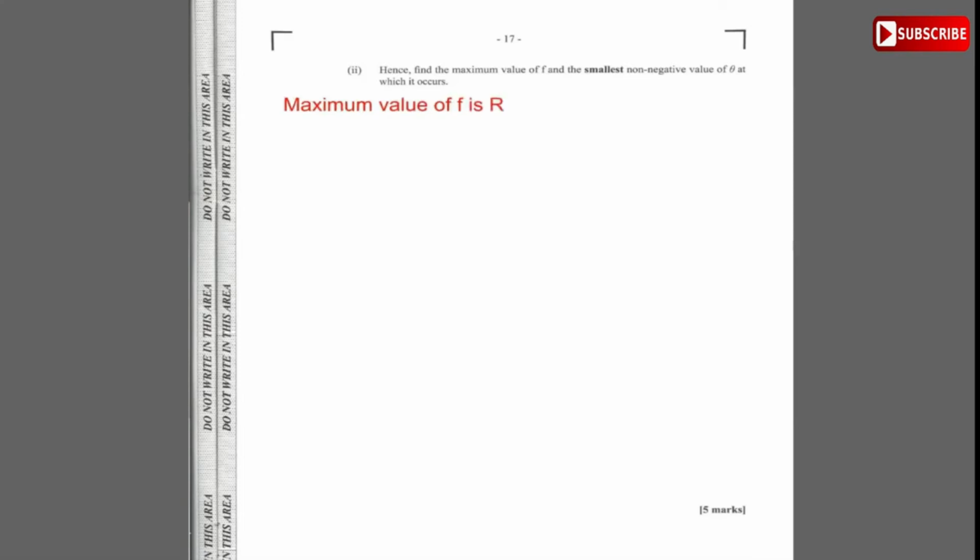And what is r? R was the square root of 2. So root 2 is the maximum value of f of theta.